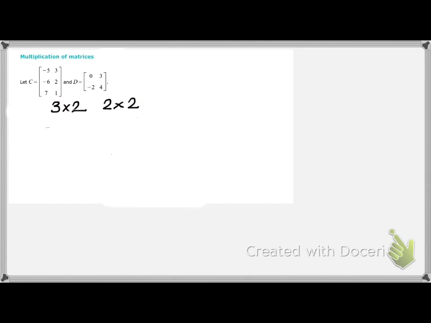So when I do C times D, I'm going to end up with a 3 rows and 2 columns.